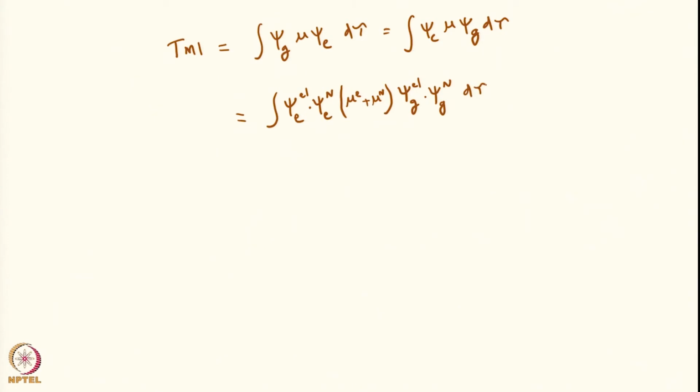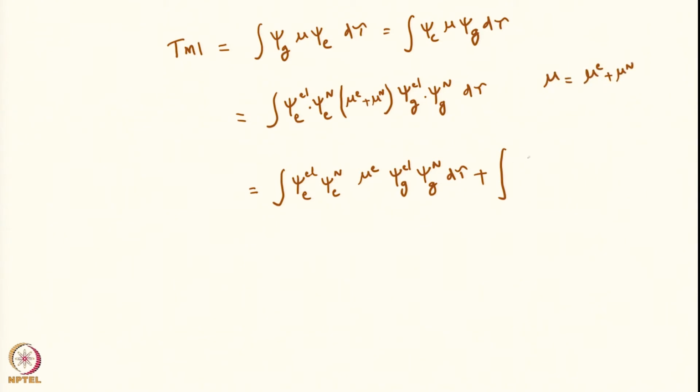Now, I can separate this into two things. This is equal to the integral of psi e electronic, psi e nuclear, mu e, psi g electronic, psi g nuclear, d tau, plus an integral in which your total mu is written as mu e electronic plus mu nuclear, with psi e electronic, psi e nuclear, mu n, psi g electronic, psi g nuclear, d tau.